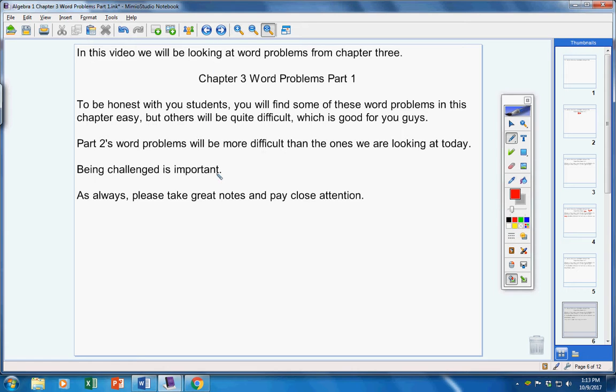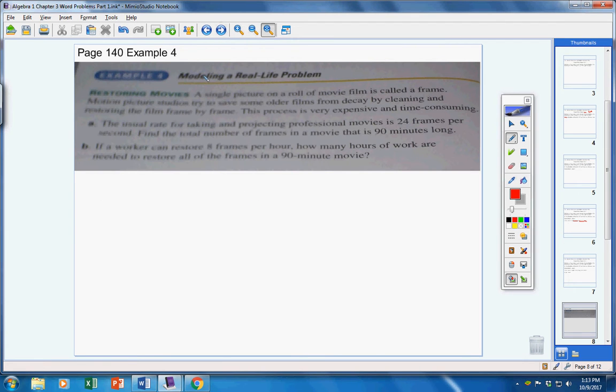As always, take great notes, pay close attention, and if you need to back up the video, then back it up and watch it again to help you. Let's get started. In your notes, by the way, some of these pictures I took came out blurry. I apologize for that. So, it might be helpful to have your book open to see the word problem a little better.